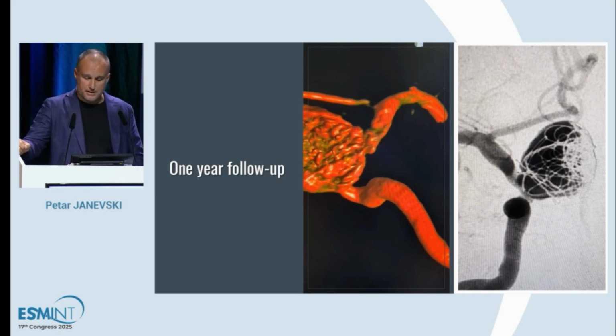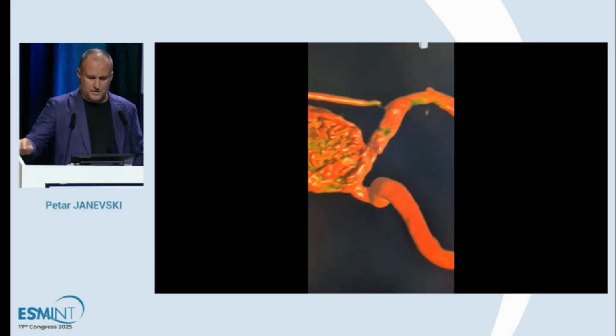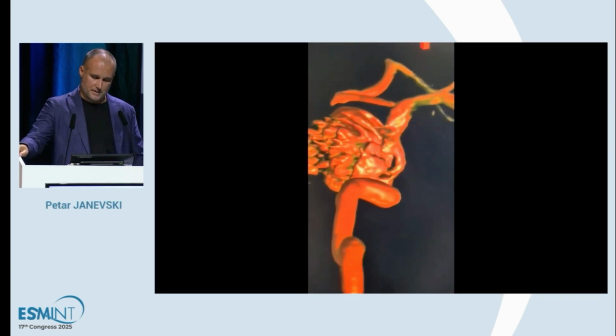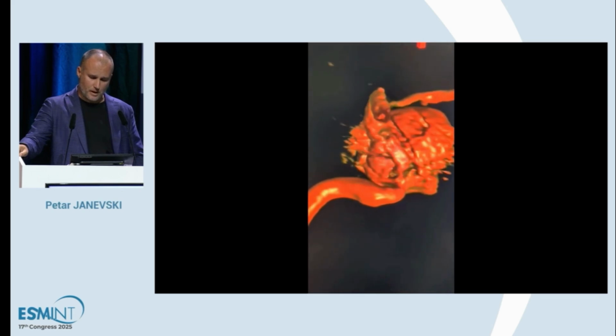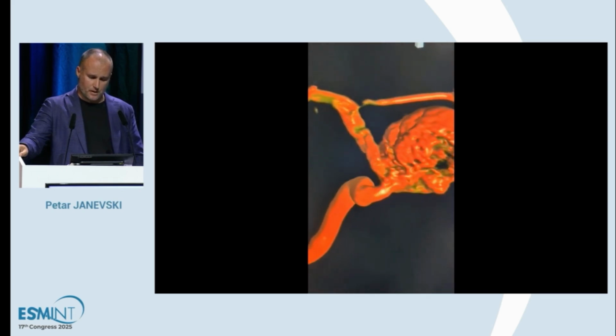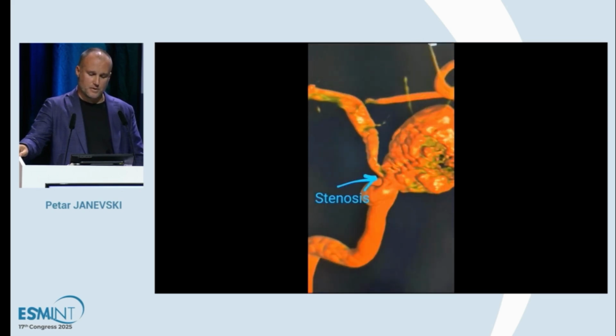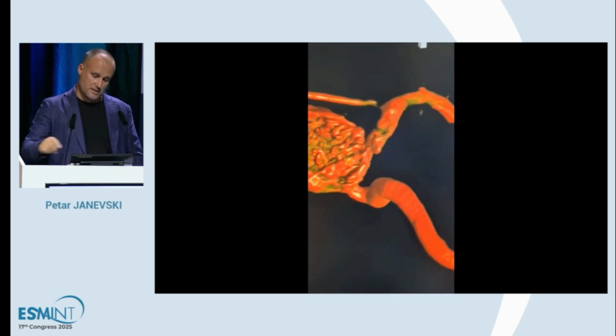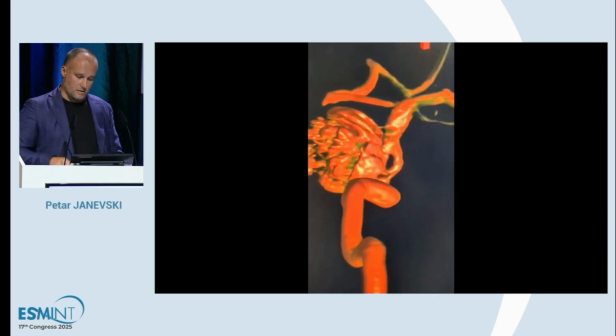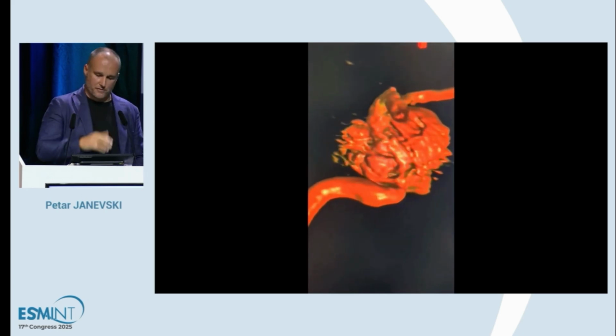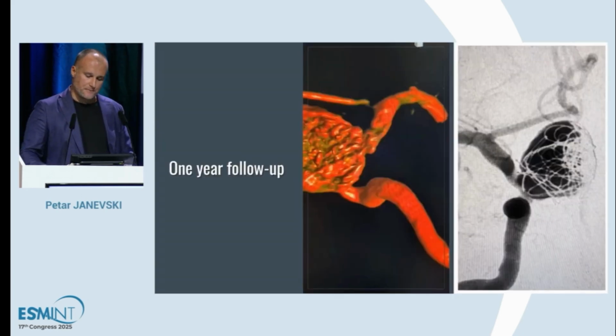So we did the DSA, and we saw this huge recanalization of the aneurysm with coil compaction. This is the 3D of the same aneurysm. The thing that worried us the most was this outflow stenosis. Not just this stenosis, but the whole segment is stenotic because of the compression from the aneurysm itself.